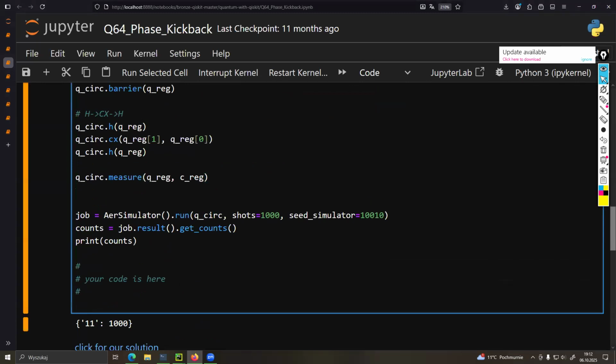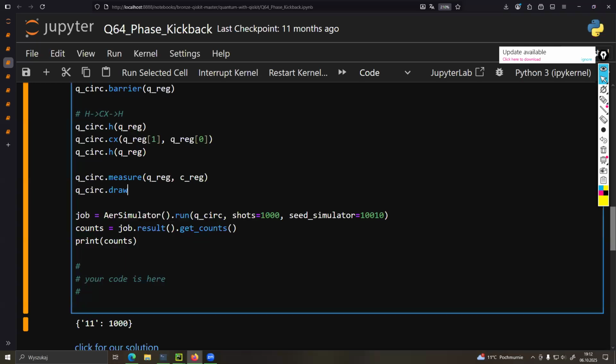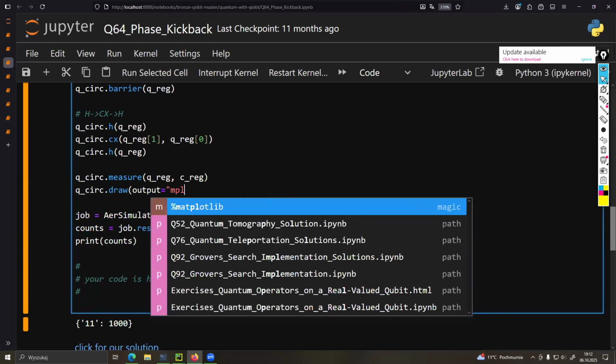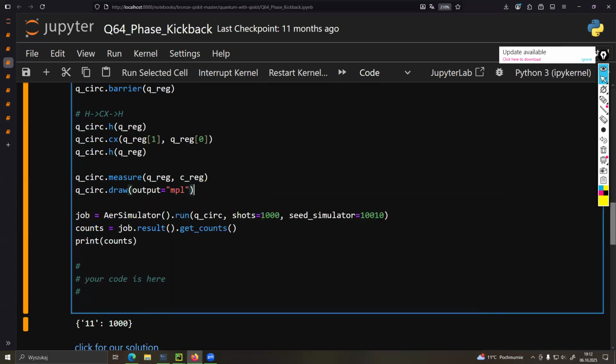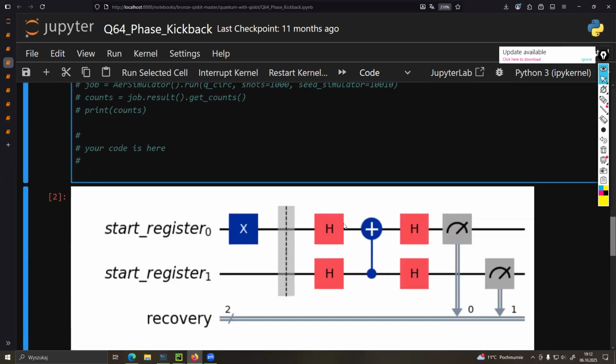What do I do here? circuit.draw, output MPL. I do the simulator here even, but let me print the circuit.